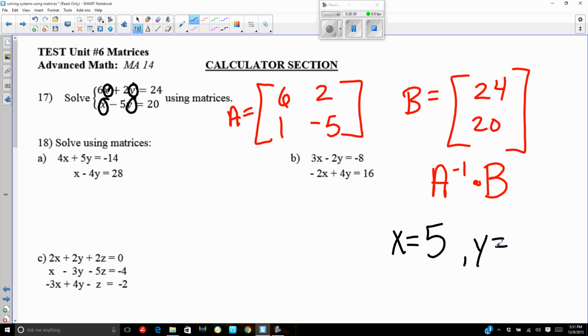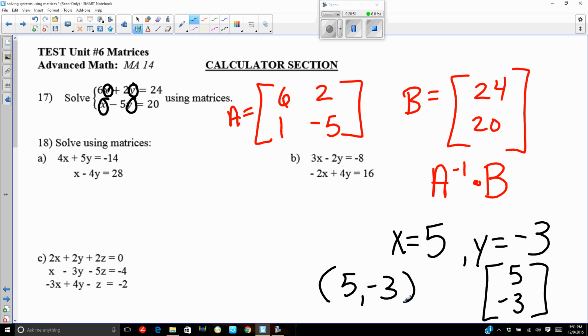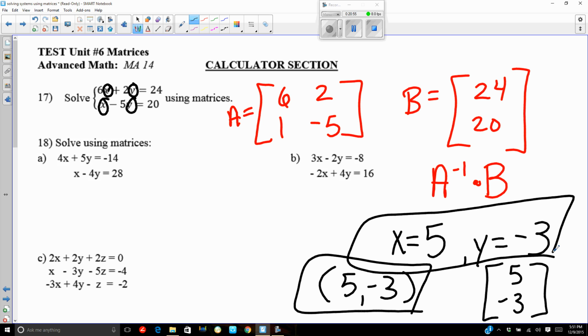You could also leave it in matrix form, 5, -3. Both those would work. Or you could even write it as an ordered pair. If you're an overachiever, do all three. All right, go ahead and pause if you're still copying. I'm going to erase.